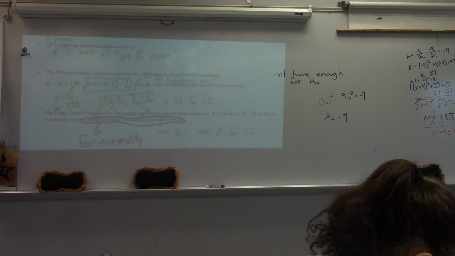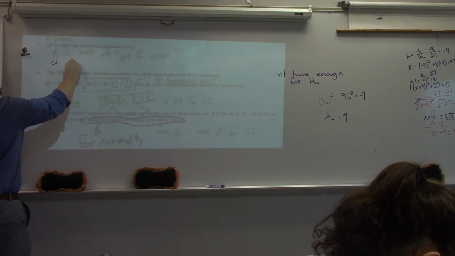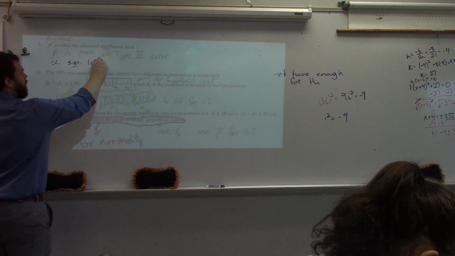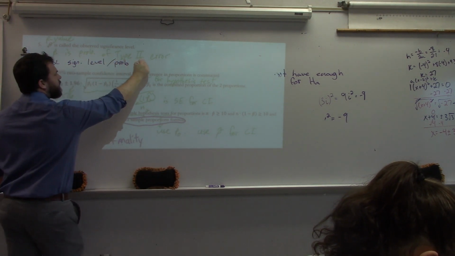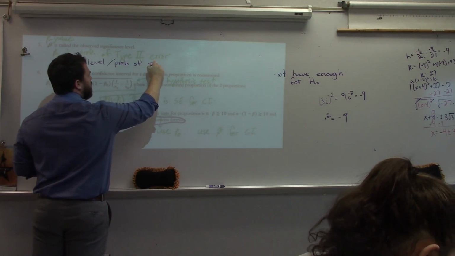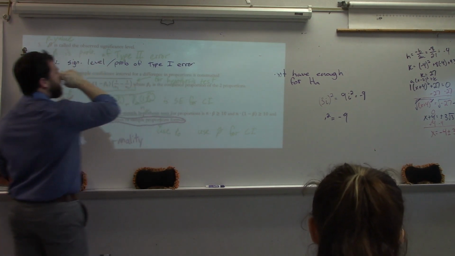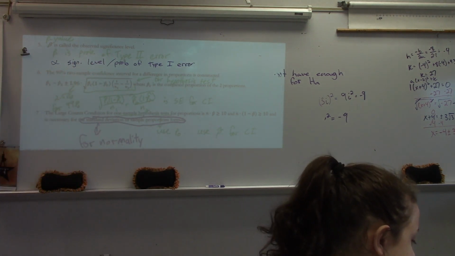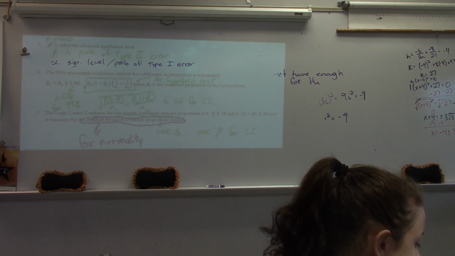Alpha, that's my significance level, is the probability of what type of error? Type 1 error. But if you ever see the language of an observed significance level, that's p-value, because it's literally what we observed.